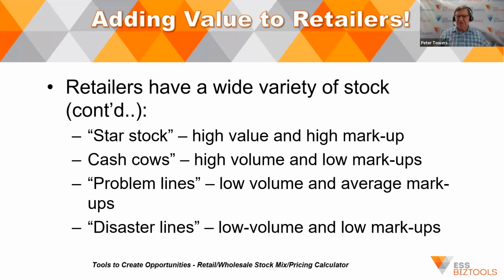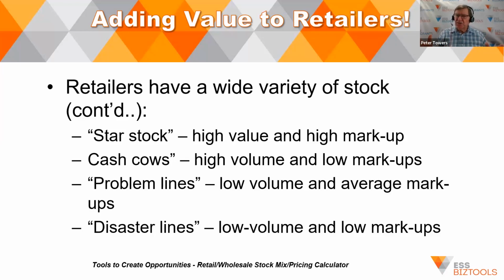And the second category is cash cows. These are typified as being high volume but low markups. In a corner store, it's newspapers, milk, bread, those sort of common everyday products that if you're running a corner store, you've probably got to have, because people run out of them or they like to get their newspaper each day.